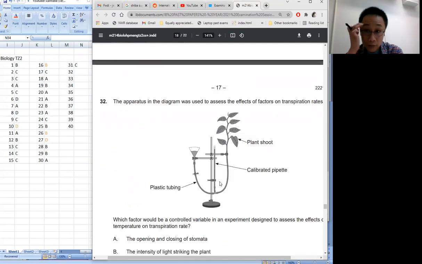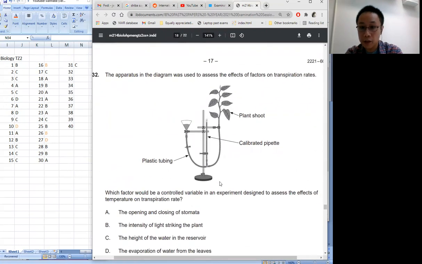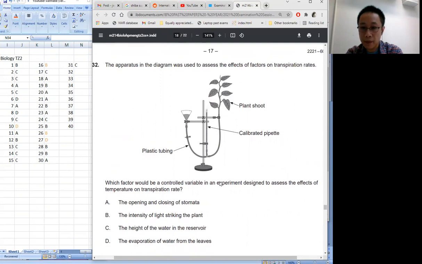Okay, 32, transpiration, I'm guessing. What factor would be a controlled variable in the experiment designed to assess the effect of temperature on transpiration rate? Opening and closing, you can't really control that manually. The light intensity should be controlled for sure, but let's check the rest. The height of the water is not going to affect the rate of transpiration too much.